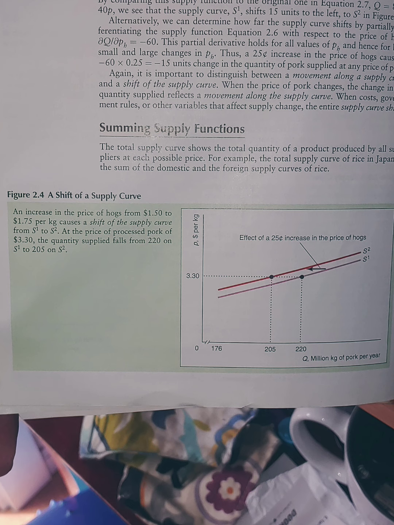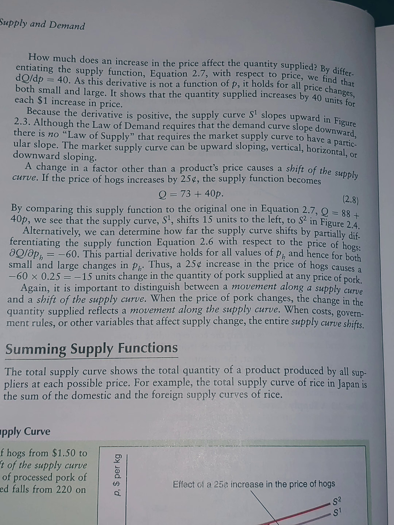Caption reads, an increase in the price of hogs from $1.50 to $1.75 per kilogram causes a shift of the supply curve from capital S superscript 1 to capital S superscript 2 at the price of processed pork of $3.30. The quantity supplied falls from 220 on capital S superscript 1 to 205 on capital S superscript 2.